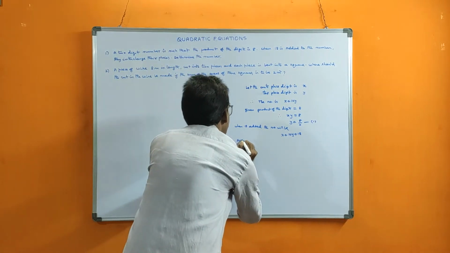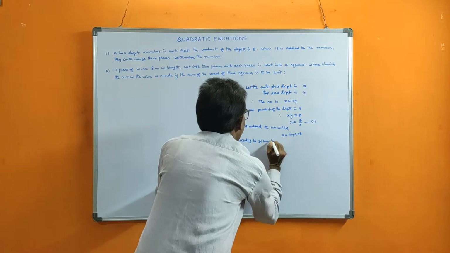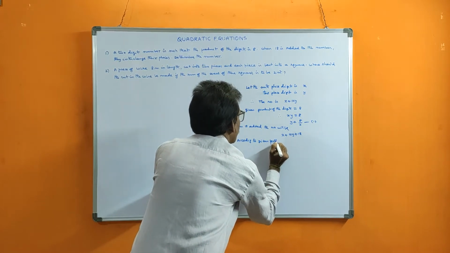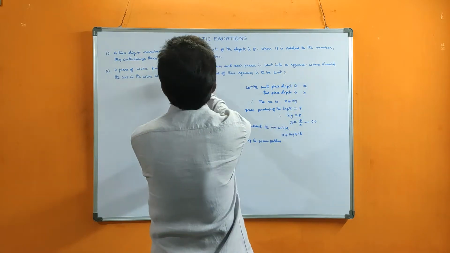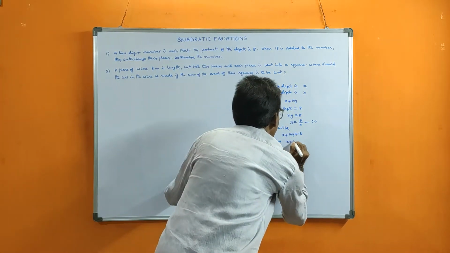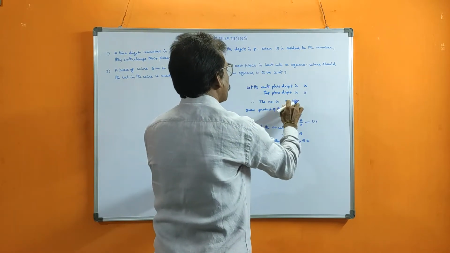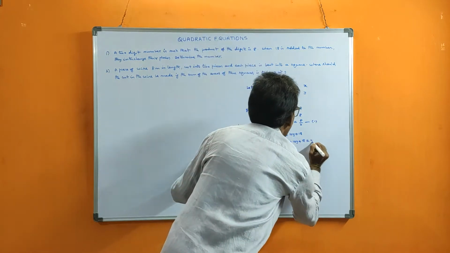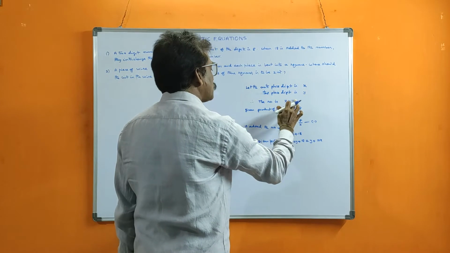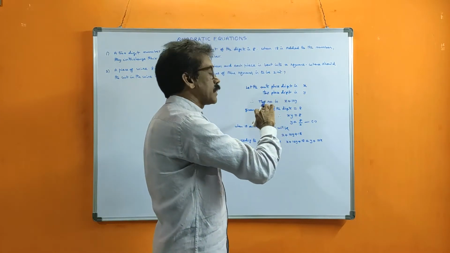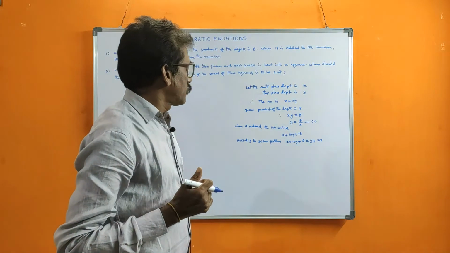According to the given problem, when 18 is added, the digits interchange their places, so the number becomes y plus 10x. The units place digit goes to the tens place and the tens place digit goes to the units place. This is the condition.